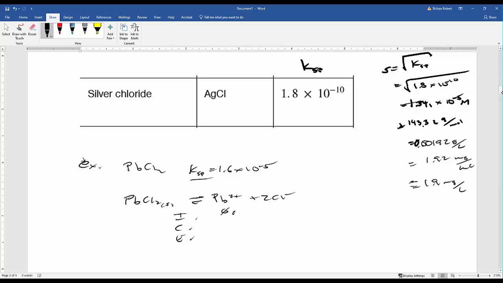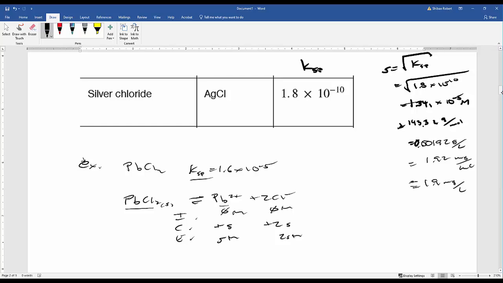What we do is reset everything so that nothing's dissolved, and then let it completely dissolve. And so for every mole of lead-2 chloride that dissolves, we form 1 mole of lead. So that's plus S here. But we form twice as much chloride, which is 2S. And so we end up with S molar and 2S molar at equilibrium.